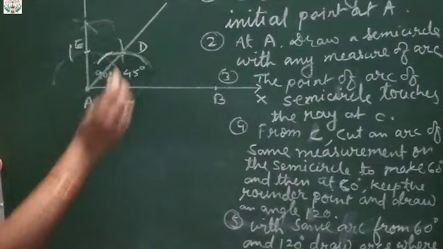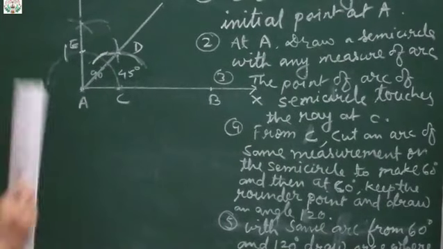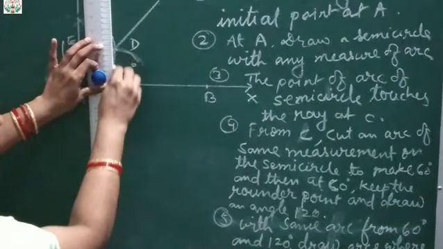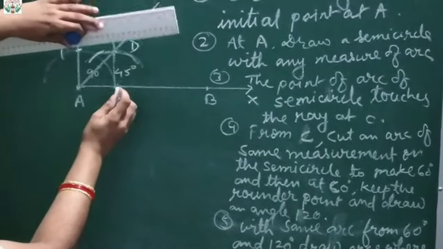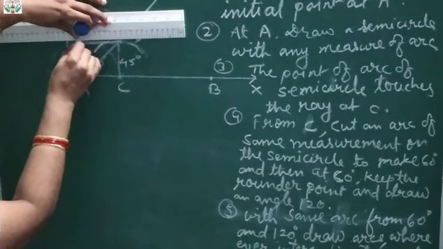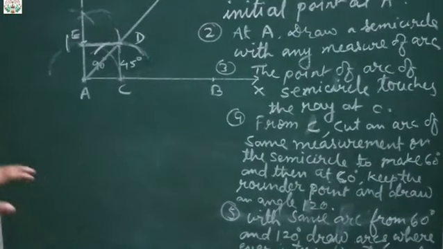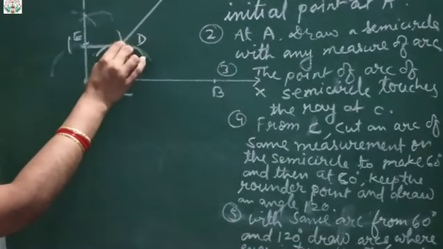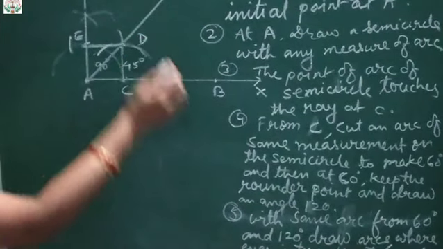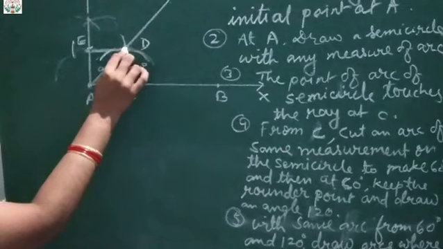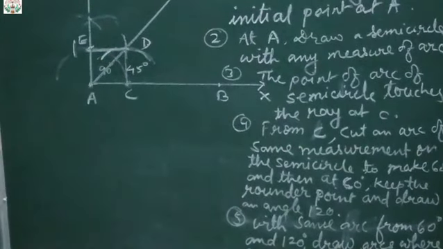Now from here, with the scale, to C draw a line likewise, and to E also draw a line likewise. Now clear? This intersection, the 45 degree one, that is D. So from D to C draw a straight line, and from D to E draw a straight line.